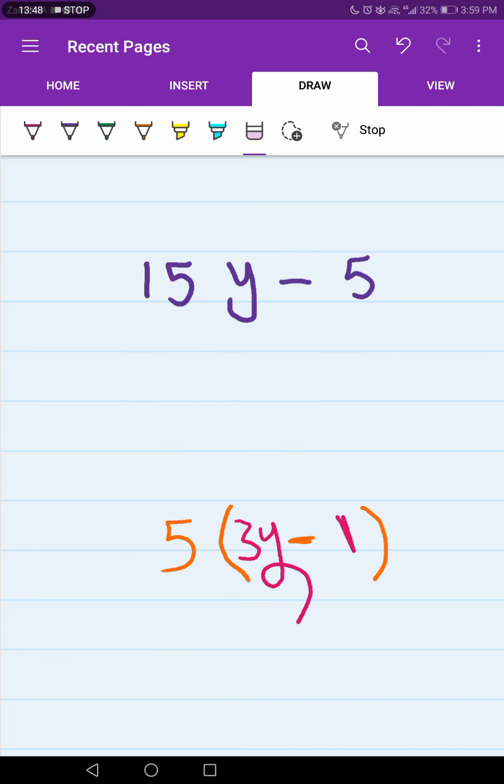Let us do it as we learned. 5, we have minus here, and we have a left side and a right side.